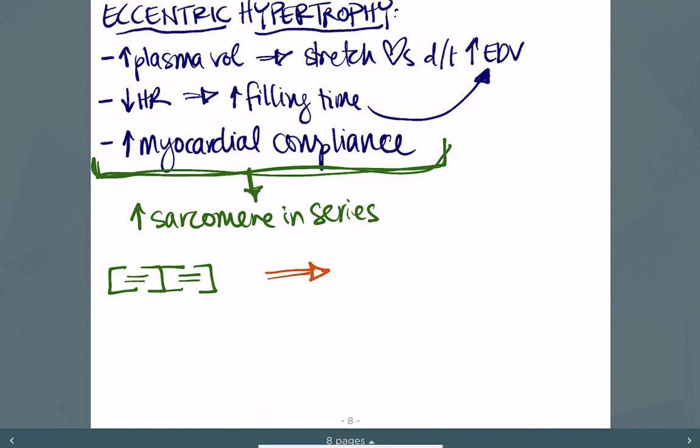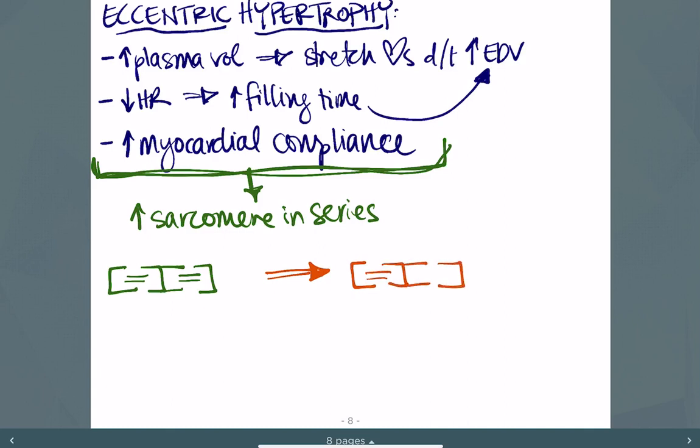After training in the heart, the effective plasma volume stretching the wall, the reduced heart rate increasing filling time, and the stretchiness of the wall, there will be a physiological adaptation to that repeated stretch where you actually build more sarcomeres and you build them in series.